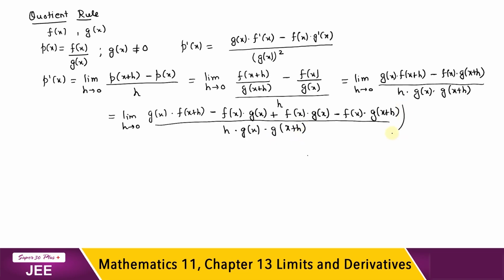I hope everybody understands what we have done. In the numerator we have subtracted f x into g x and we have added f x into g x so that the expression remains unchanged, and this term is written over here and this term is written over here, and the denominator is as it is.